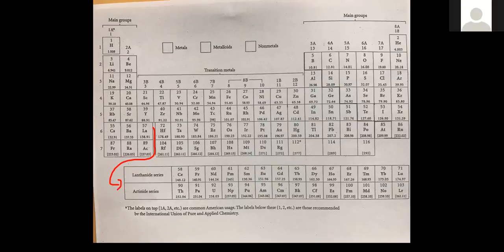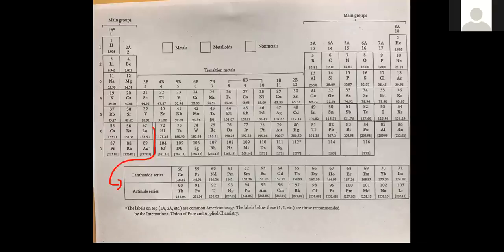If you look at ptable.com, it's a really good website for you. It will be a really good resource if you don't have this table in front of you. And there's all sorts of properties and everything. However, this is what this periodic table would look like if we didn't take out the lanthanides and actinides. We wouldn't be able to fit it on a piece of paper that's 8.5 by 11.